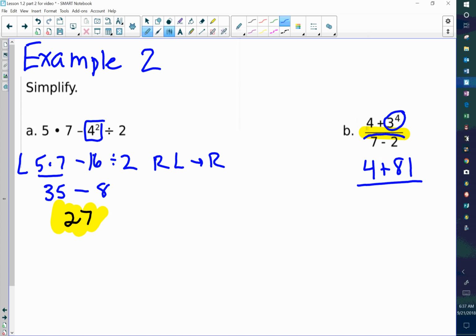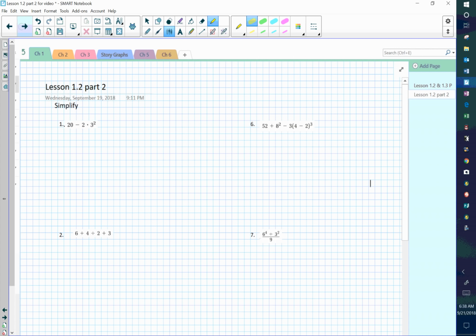The bottom part of the problem is kind of its own problem, so I'm going to do that. 7 minus 2 is 5. 4 plus 81 is 85. 85 divided by 5 is 17. And that's it.